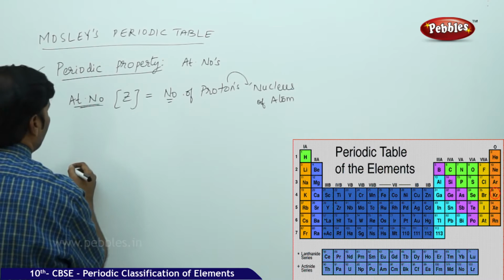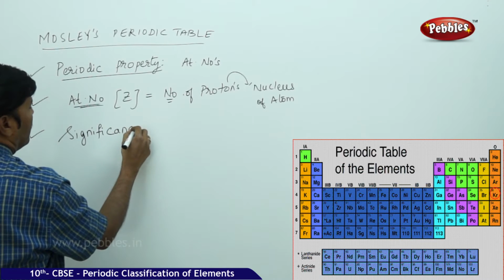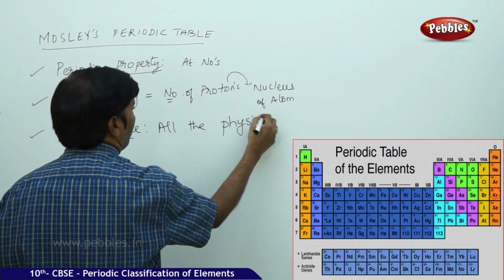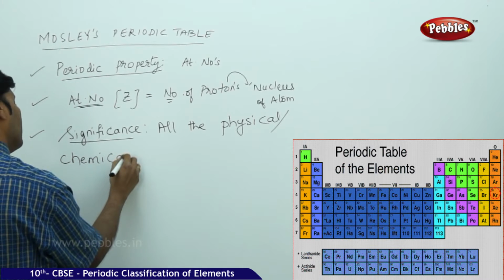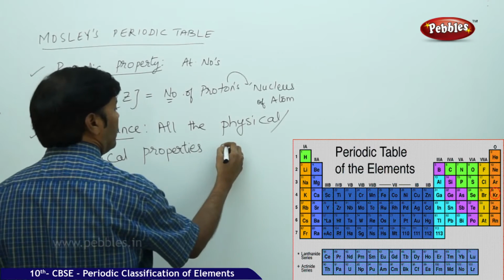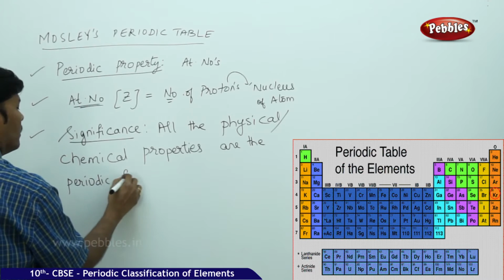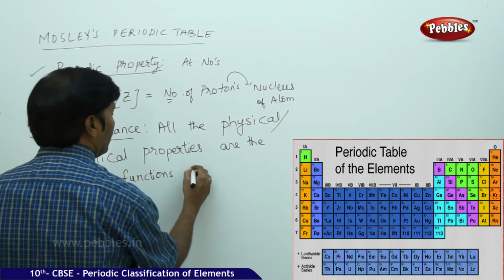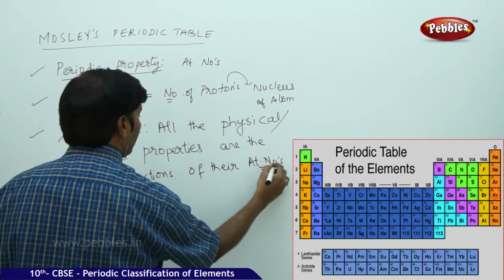Apart from this, the significance or statement: all the physical and chemical properties are the periodic functions of their atomic numbers.